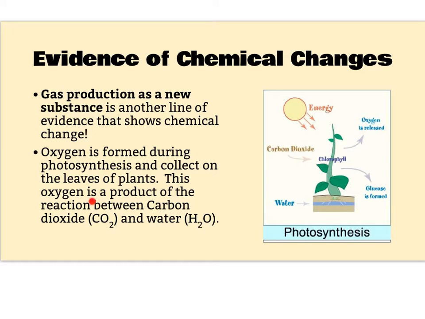This oxygen is a byproduct of the reaction between carbon dioxide, which is in the atmosphere, and water, which the plant brings up from its roots. Also, the plant is able to form glucose, which is another product. So in this case of photosynthesis, both a new gas and a new solid is produced in the chemical change photosynthesis.